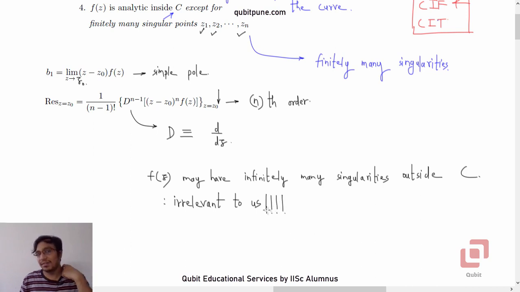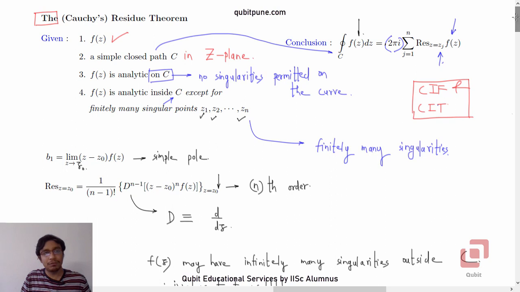We have seen that functions like tan of z do have infinitely many singularities, but it all depends on what closed path you have. So again, if a function is presented to us, we will be required to locate the singularities.